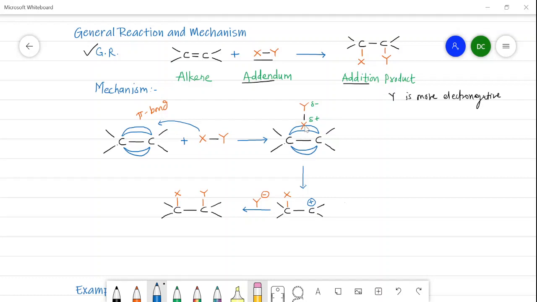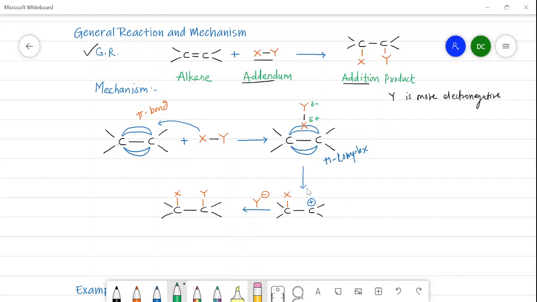So X is more electropositive, Y is more electronegative. That's why Y carries a negative charge, whereas X carries a positive charge. And this polarization occurs due to the close contact with the pi electron or a pi bond. And here we get a pi complex.